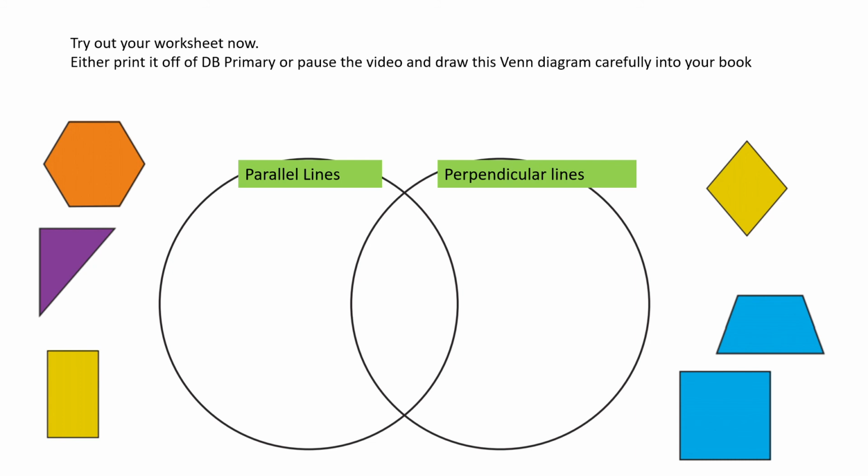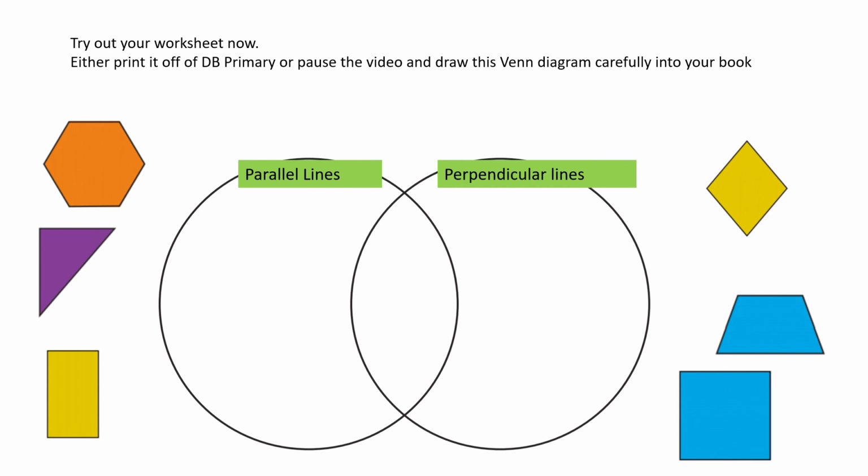Is it a perpendicular shape? It has got perpendicular lines because we have a vertical line here and we have a horizontal line here that intercept to create a right angle, which can be likened to a book corner.